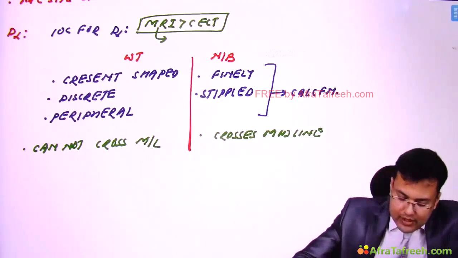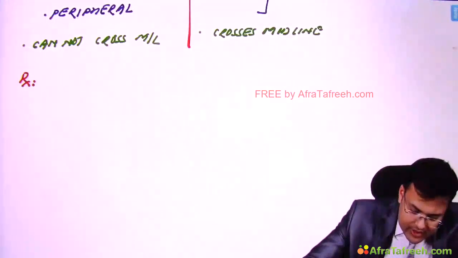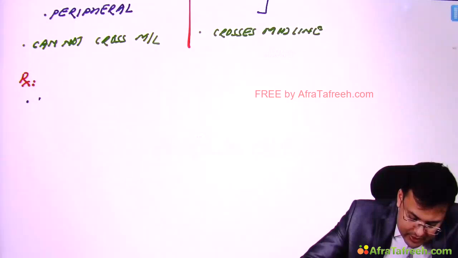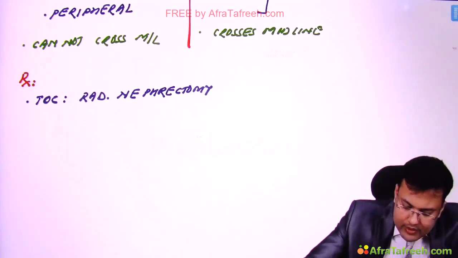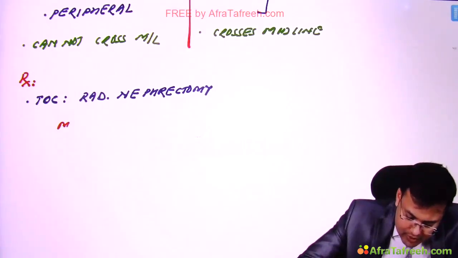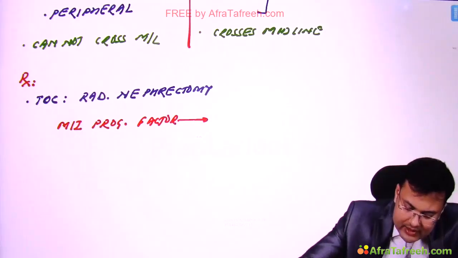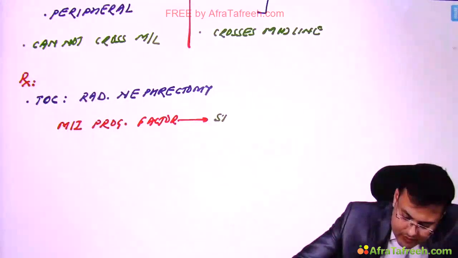So see, an important point related to the treatment. What is the treatment of choice for Wilms tumor? It is radical nephrectomy. Now coming to the stage, the most important prognostic factor for most of the malignancies is stage. Clear?